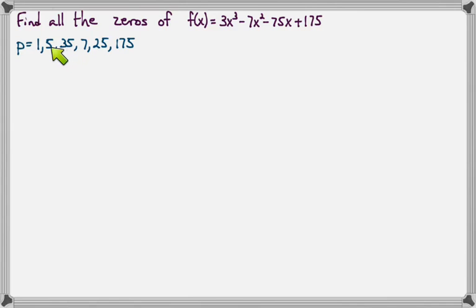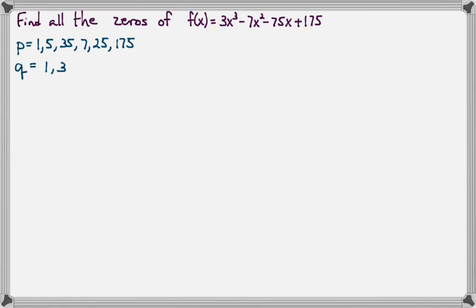Well, I knew that 35 could be broken down into 7 times 5, so that helped me know that 7 times 25 would also equal 175. And so I have 3 sets of factors here, 1 times 175, 5 times 35, and 7 times 25.